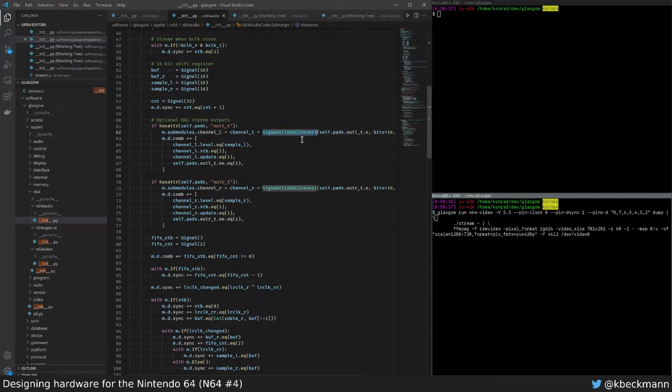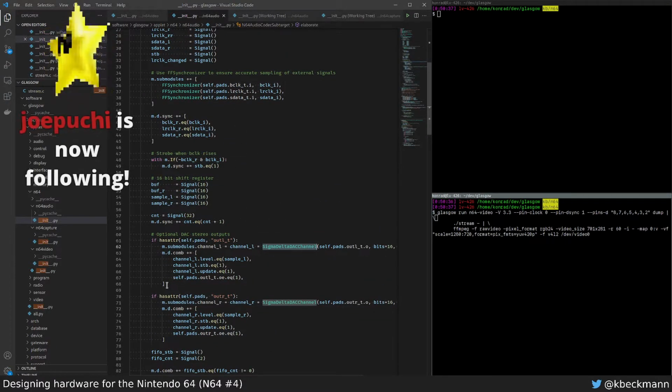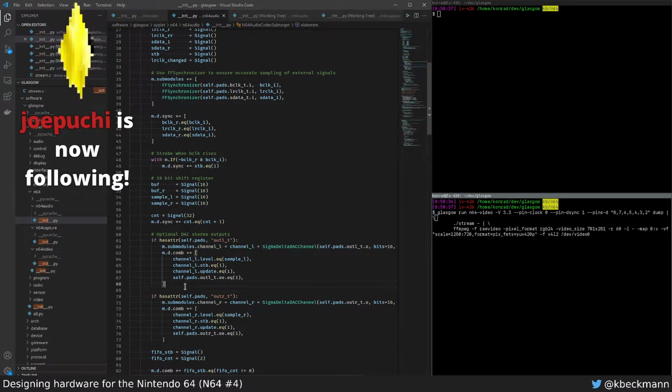So I added a sigma delta DAC as well. One of the FPGA pins I can just connect straight to a speaker. That was quite fun, because that also sounded like crap when I had issues. But once I figured it out, it worked, and I was able to listen to raw Nintendo 64 audio.